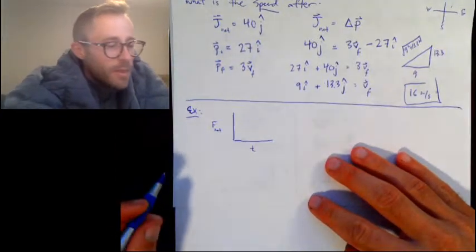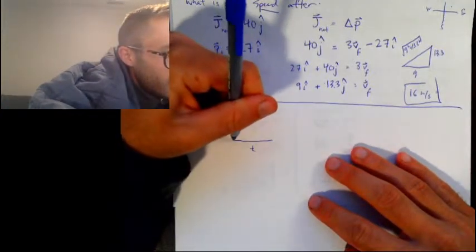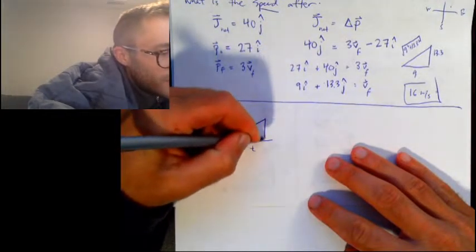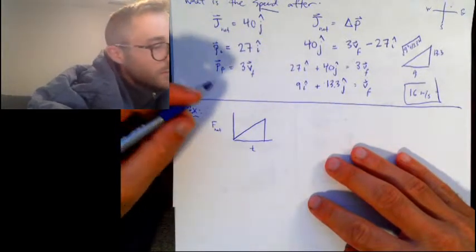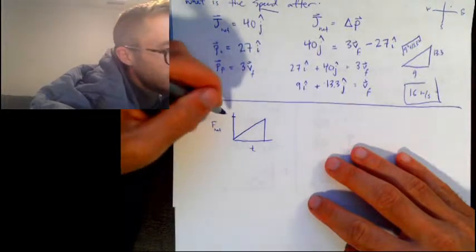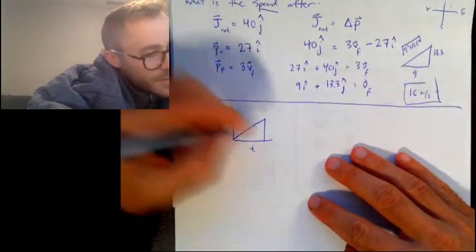Let's say that the force ramps up and then drops to 0. The peak value of the force is 100 newtons.